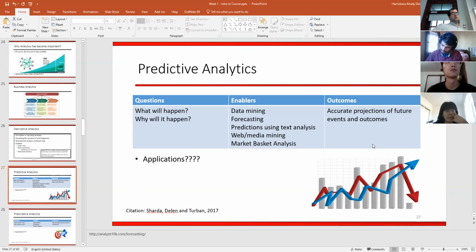Or if you have a patient's data, how long could that patient live? So you basically want to see what happens in the future. Again, you can also do market basket analysis, which I will teach you later. And for us, accurate prediction and also important factors are both important.